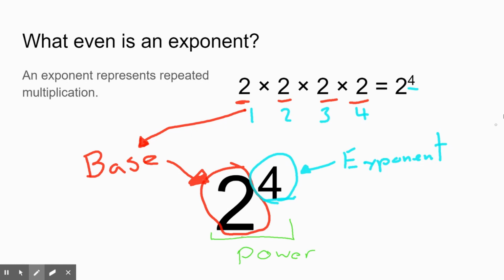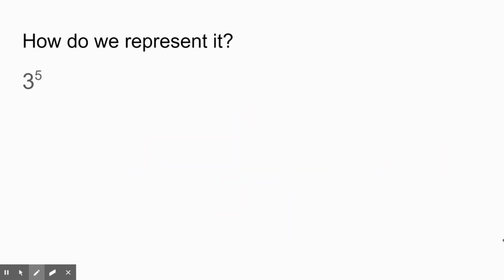Now let's talk about how you can actually represent these. There are two ways that we can represent something with an exponent. The first way is as a power. Here we have 3 to the 5th. Our base is 3. Our exponent is 5. That's totally fine. Another way to represent this would be in expanded form, which looks more like what we had on the previous slide.